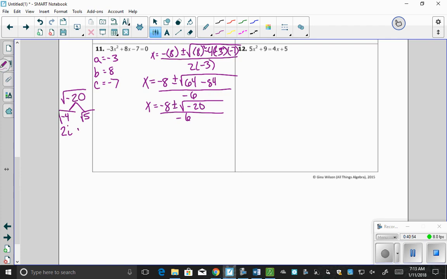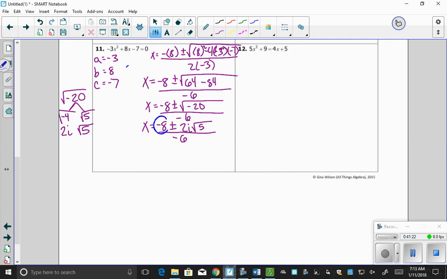And the square root of 5 will stay as the square root of 5. Anytime you square root a negative number, you will always have an i that pulls out. So you're going to have x equals negative 8 plus or minus 2i square root of 5, divided by negative 6.